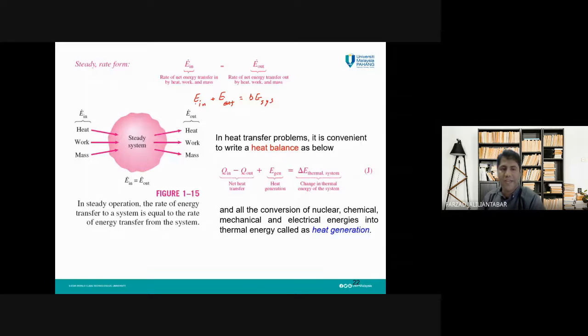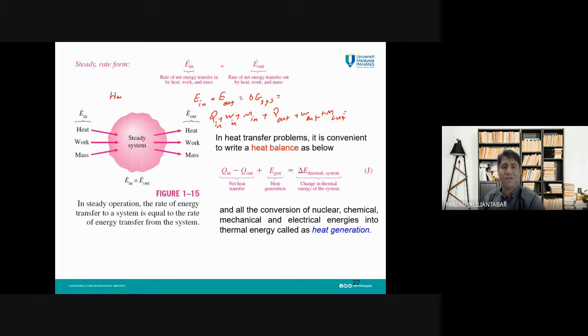Let me just write E in by Q and so on: Q in, W in, and mass in, plus Q out. We write plus because in this equation we don't care about the direction of the Q. Later, the value can be negative when we put it here. Q out, W out, M out, equal to delta E of the system.